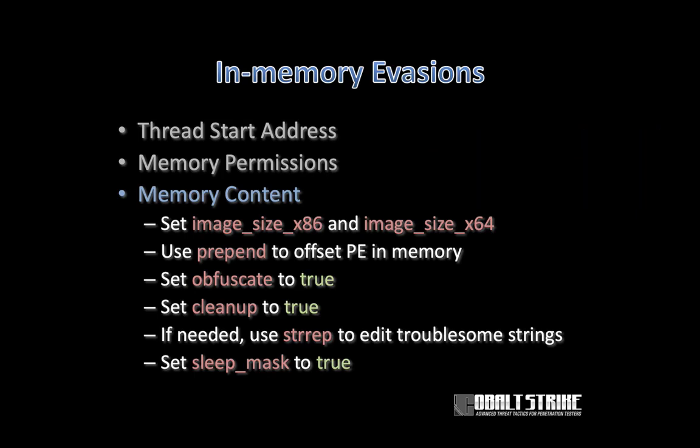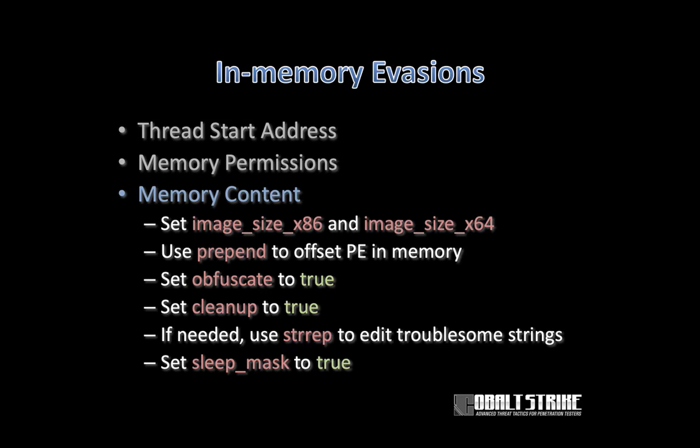There is an option in Cobalt Strike called obfuscate that will take some basic steps to obfuscate the beacon DLL content. I also recommend that you set cleanup to true. Cleanup will have Beacon clean up its reflective DLL package once it's loaded.